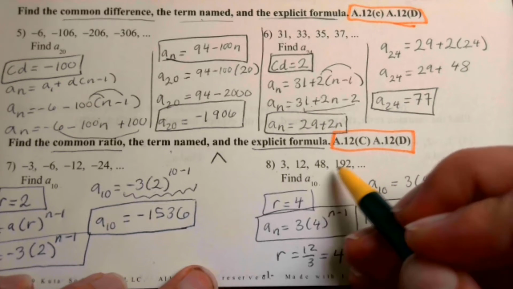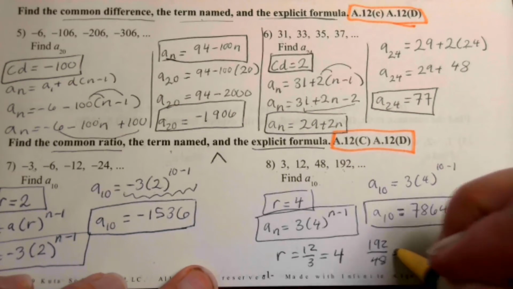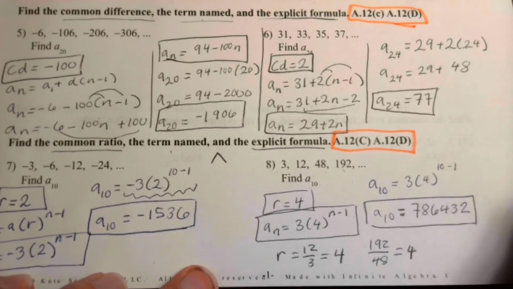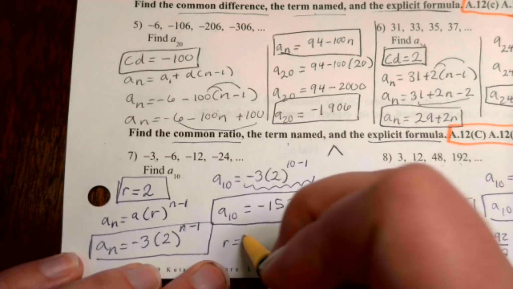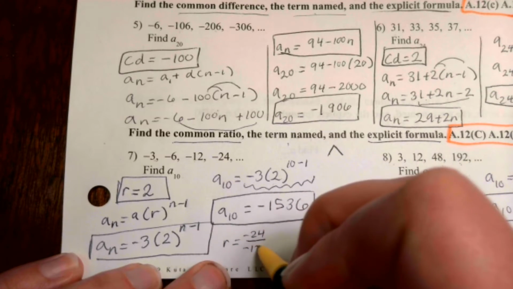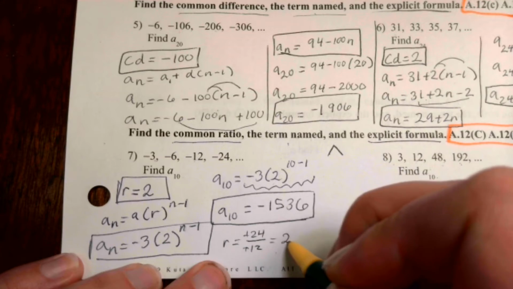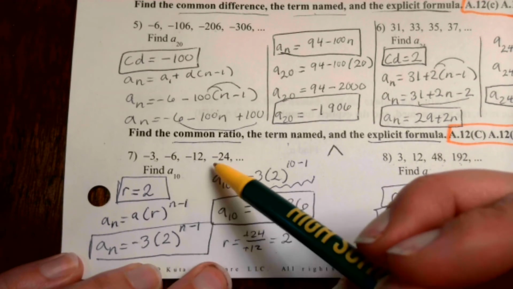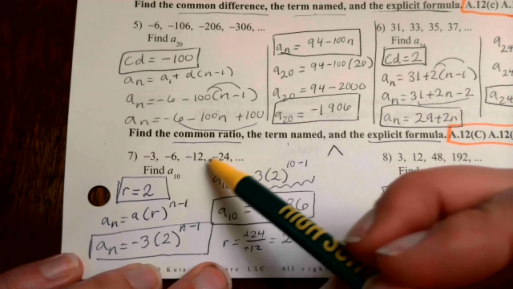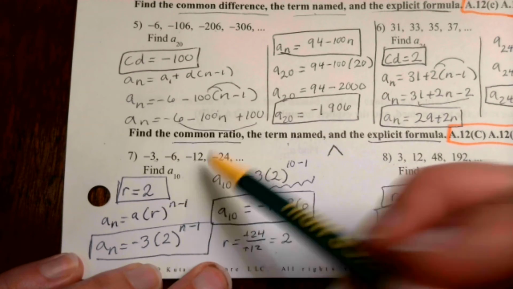See, the second number over the first number, and that would have also given me 4. We could do the same thing here. Negative 24 over negative 12. You'll see we're going to get 2. So if you're having a hard time figuring out r, that's a little trick. Just take any 2 that are next to each other, take the second one in the sequence, and divide it by the first one.